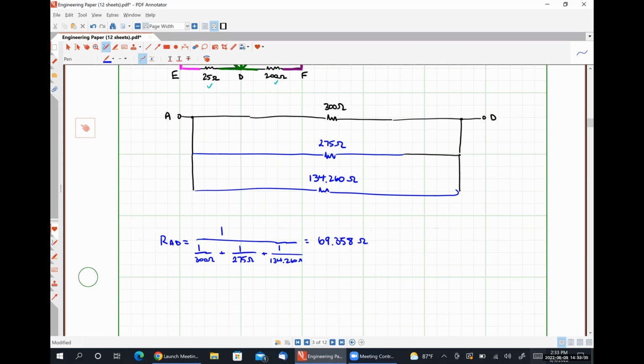Oh, I have been combining resistances for quite some time at this point. And in my opinion, this is the easiest way to combine a complicated resistor network.